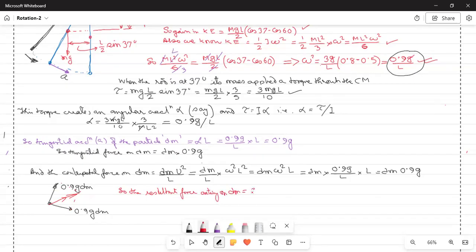So it is equal to 0.9 √2 dm g. This is the answer. So this is the force on a particle, if we assume a particle of small mass dm at the tip of the rod, then the force acting on the particle is 0.9 √2 dm into g. Then we go to the next question.